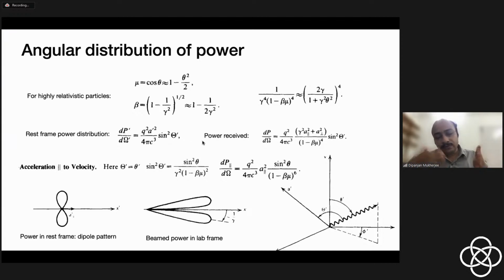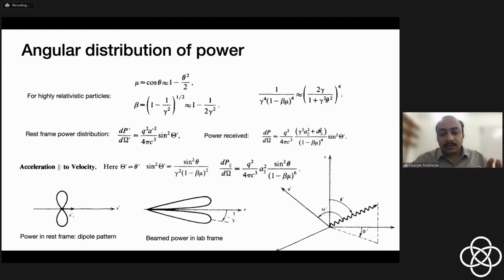Now, if you follow some basic principles of relativistic transformations, you can show that the power received by an observer in the lab frame would look like this, where A perpendicular and A parallel are components of the acceleration vector perpendicular and parallel to the motion of the particle.